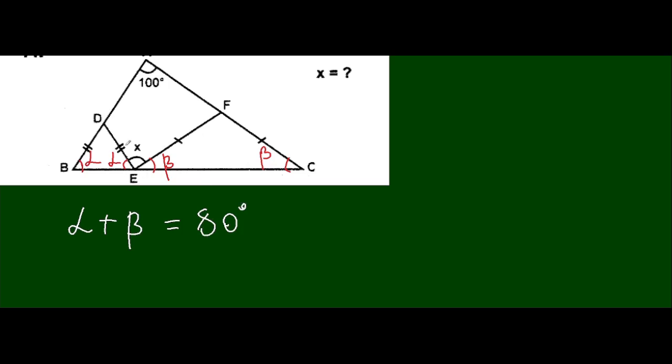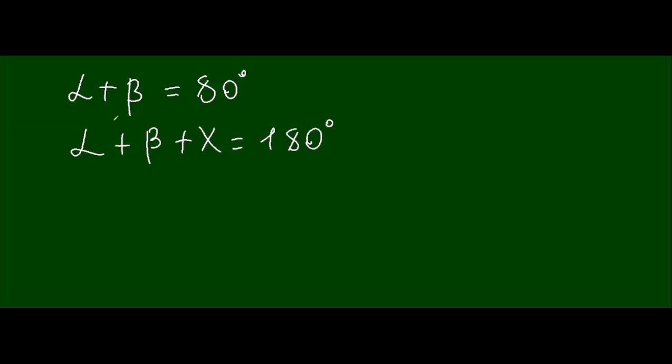And from the adjacent angles, alpha plus x plus beta will equal 180 degrees. Alpha plus beta plus x equals 180 degrees. So we can plug this 80 here, and we'll get that x will equal 100 degrees.